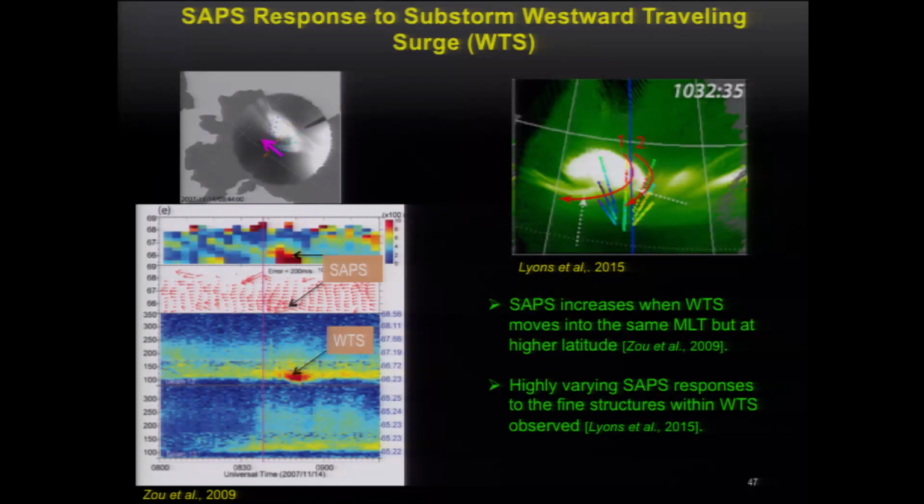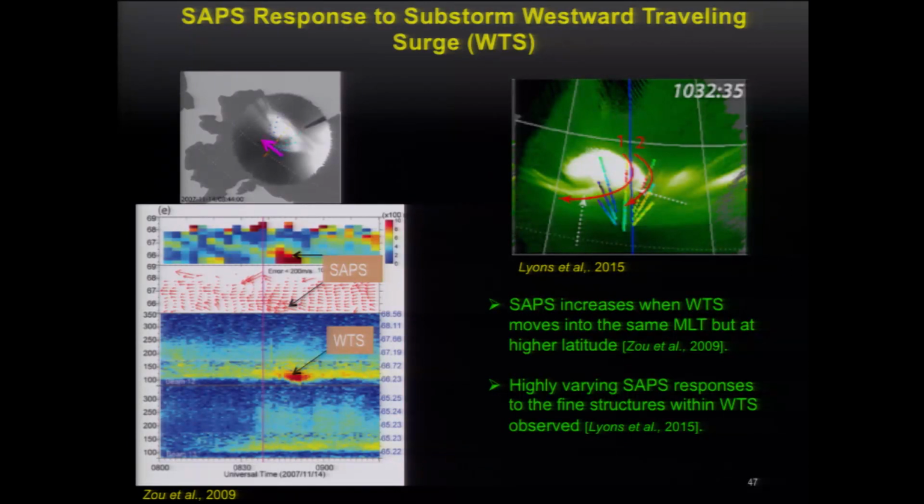When the westward traveling surge drifted, of course, from the east into the all-sky imager, the radars co-located there measured a sudden increase in the convection flows. So here is a SAPS. This can be simply understood as trying to close the enhanced upward field line current at a higher latitude.